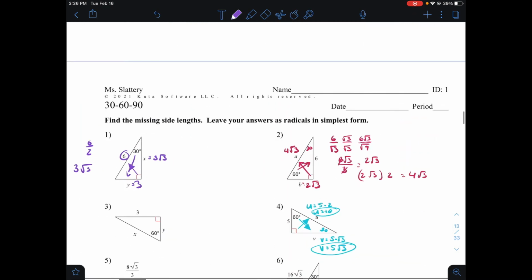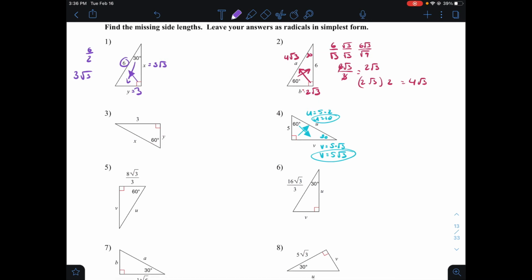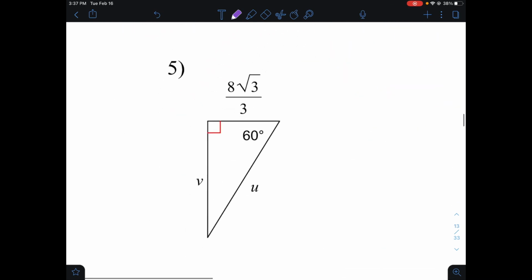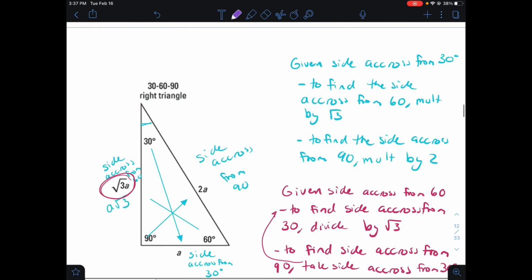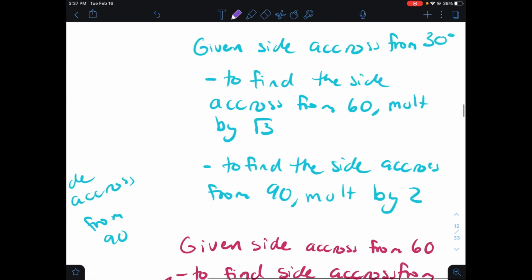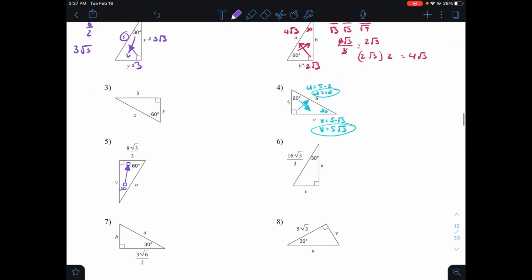All right. Let's try a couple more because I'm sure these are going to be tricky. They give you a 30 side here. So first off, they give you the side across from 30. If we look at our notes, that's case one. If you're given the side across from 30, first you have to find the side across from 60 by multiplying by root 3.